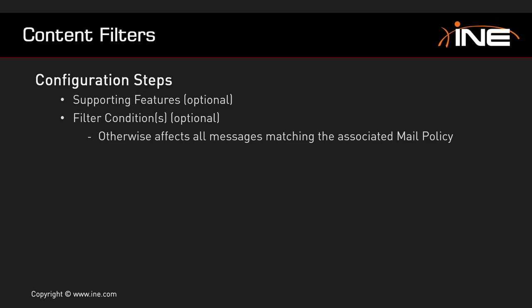If you don't specify a condition, the filter is going to apply to all messages processed by that particular mail policy. We will then have to define an action or actions, where an action can be non-final, like you can carbon copy the message, quarantine, remove attachments, and do a lot of other things.